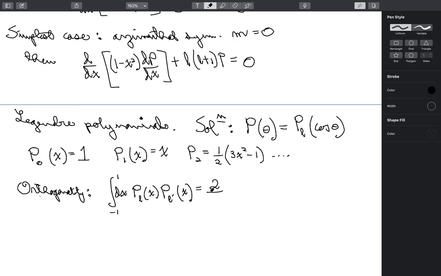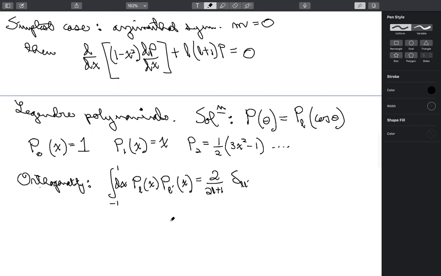The weighting is just 2 over 2L plus 1, with a Kronecker delta between L and L'. The index L is just 0 and positive integers.